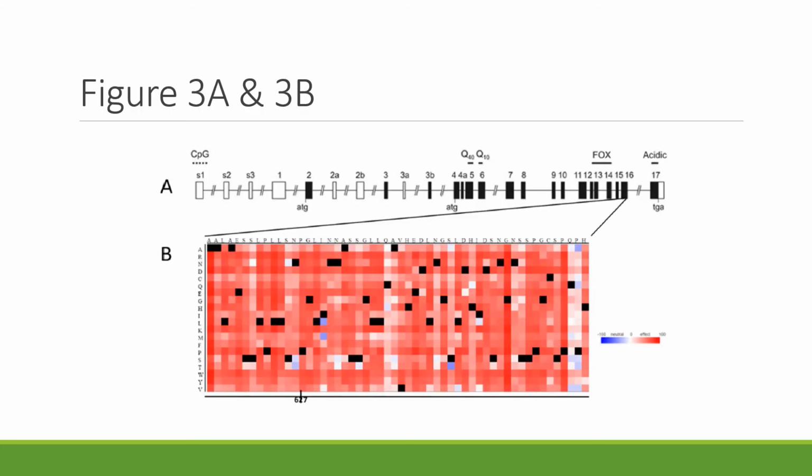The next figures we will be looking at from the first research article are figures 3A and 3B because they go together. Figure 3A is a representation of the foxp2 gene, and the boxes represent exons and the lines represent introns. So boxes are exons and the lines are introns. The translated exons are shown in black here.